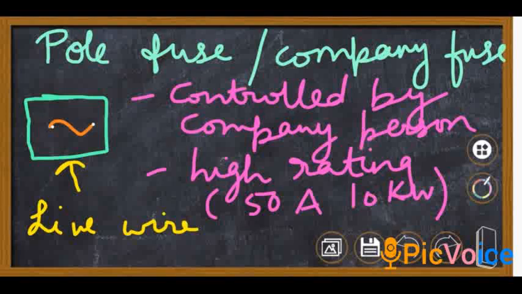So if the current higher than 50 ampere flows through it, then the fuse wire is going to melt and it will break the entire connection and you will not get your electricity through this. So this is for safeguarding that you do not cross the high rating of this particular current.